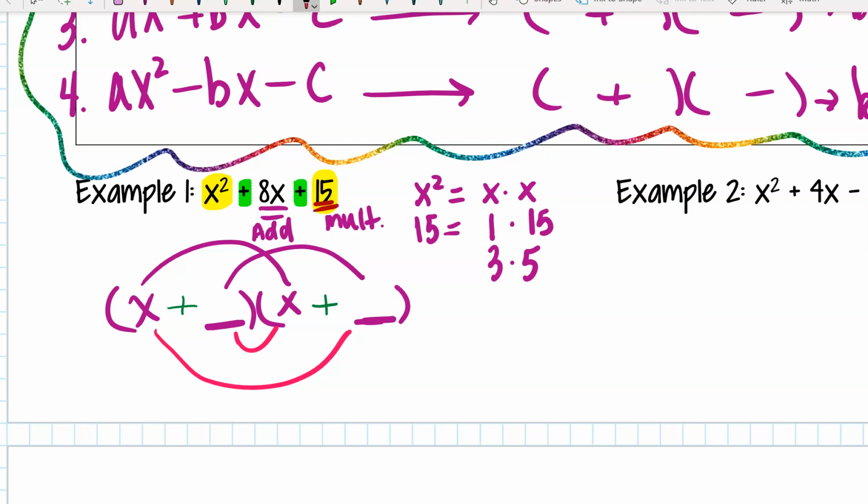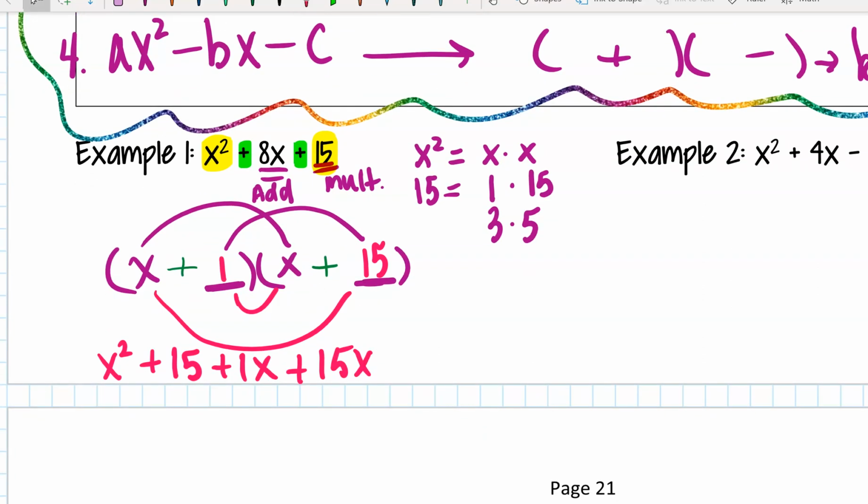I'm just going to guess. Let's choose 1 and let's choose 15. When I do my distributing and my foiling, I get x squared plus 15, so good so far, plus 1x plus 15x.